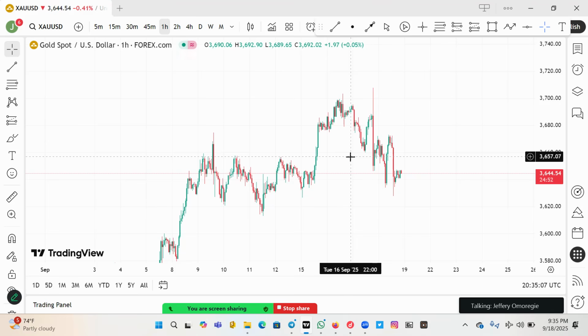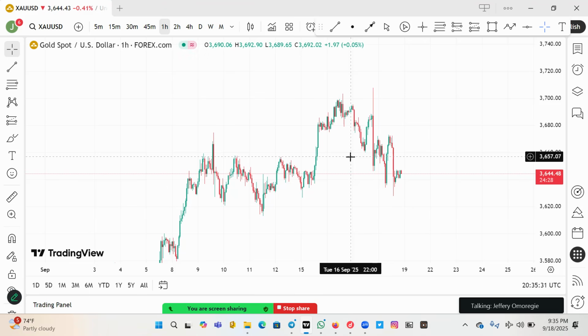When we talk about higher time frame, we are talking about monthly, weekly, daily, H4. When we talk about lower time frame, we are talking about 45 minutes, 30 minutes, 15 minutes, 5 minutes, 1 minute. The intermediate of these time frames is the 1 hour time frame.